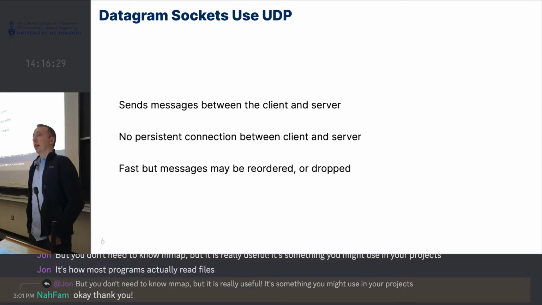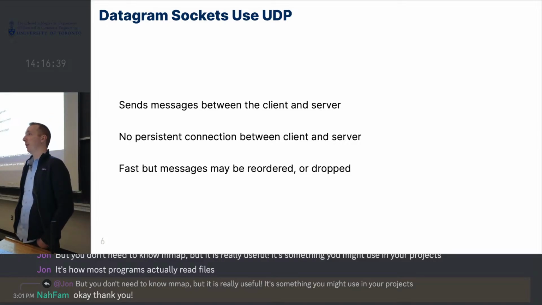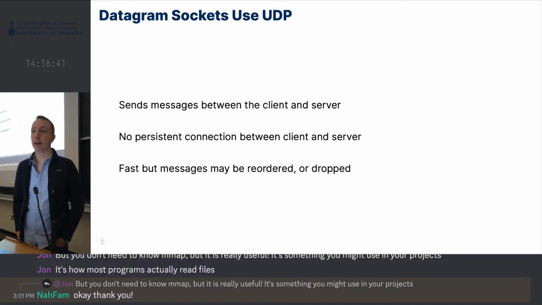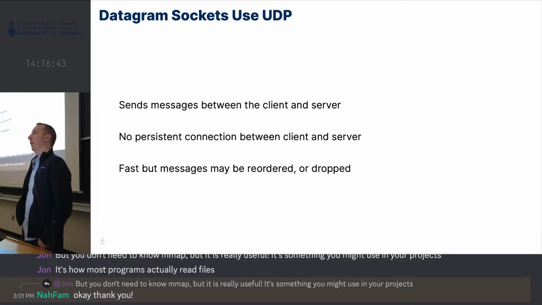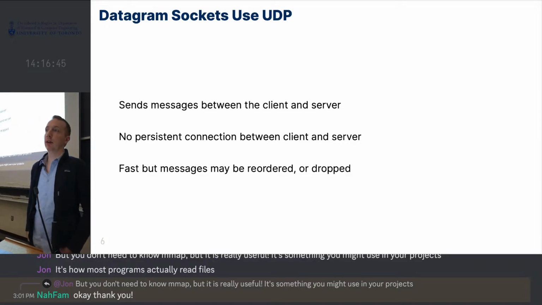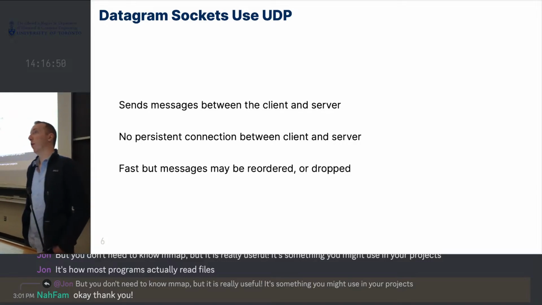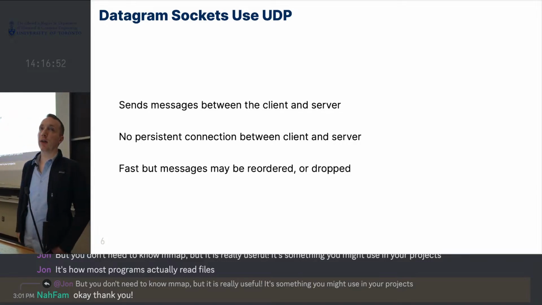Datagram sockets, on the other hand, use UDP, and you just send messages or packets between the client and the server. There's no persistent connection between them. It's really fast because you don't get any acknowledgement. But any messages you send to the server could appear in different orders depending on how the packets get routed, or they might not even make it there at all, and you will not know the difference.